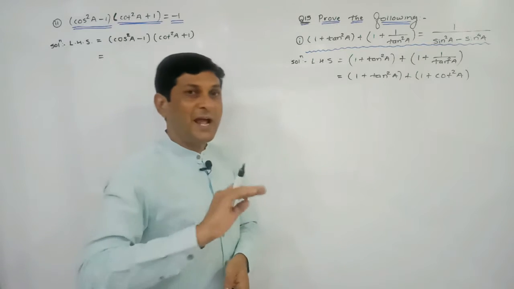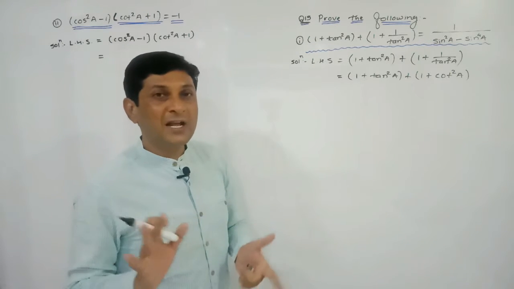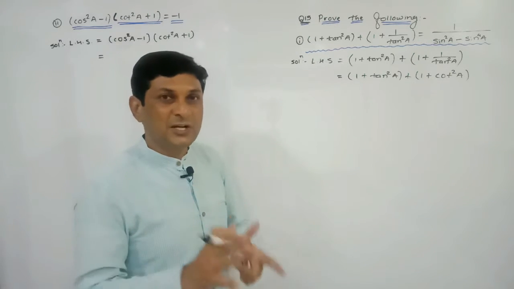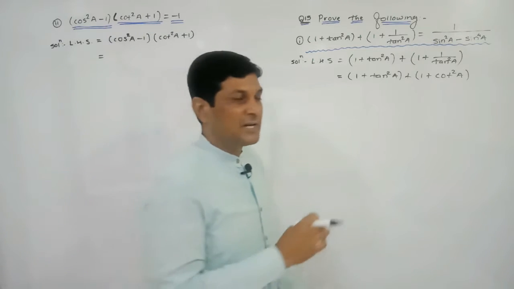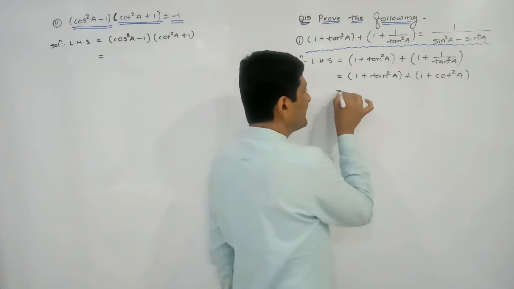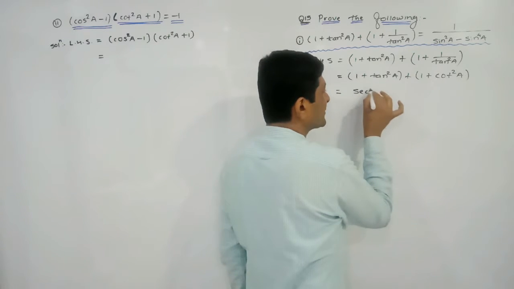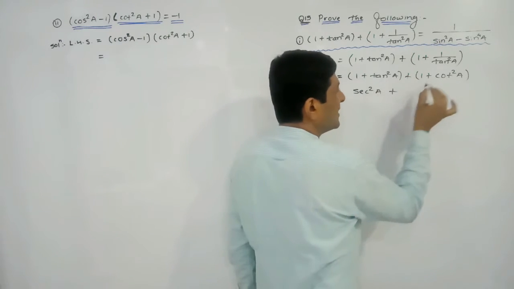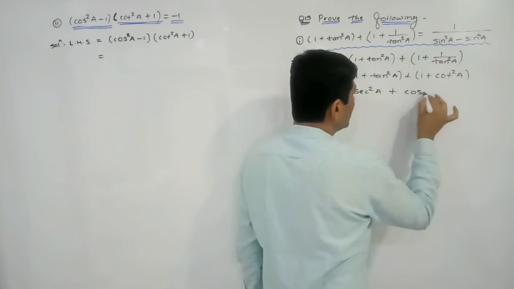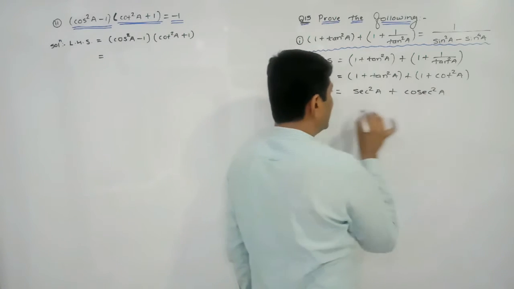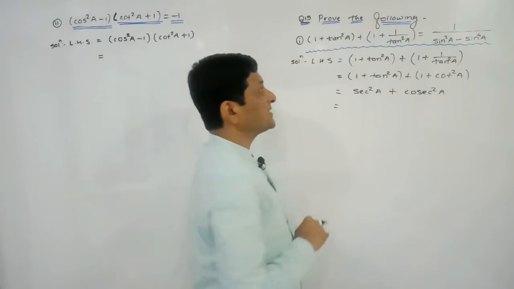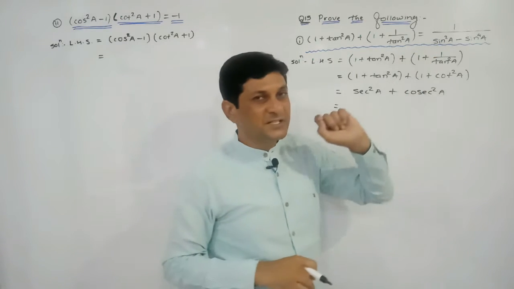Whenever a square appears in the expression, we are able to use the fundamental identities from trigonometry. We know that 1 plus tan square a will be equal to sec square a according to identity, and 1 plus cot square a will be equal to cosec square a. Friends, if you observe, our required result is in terms of sine.